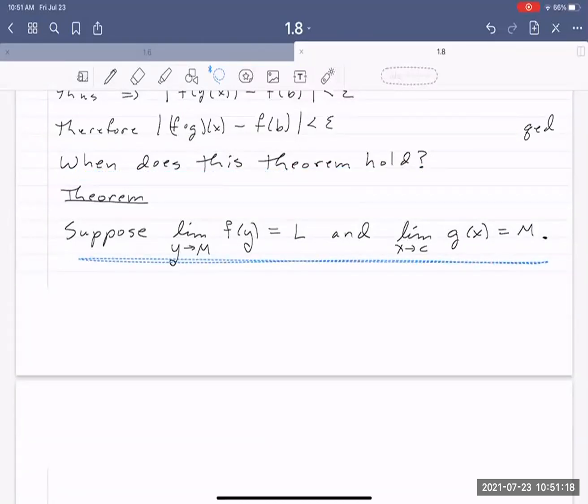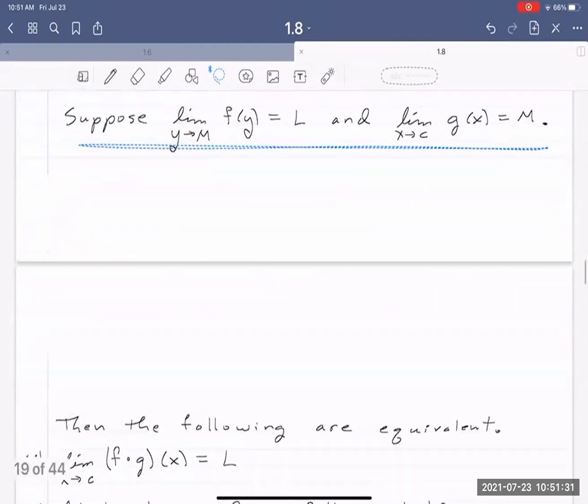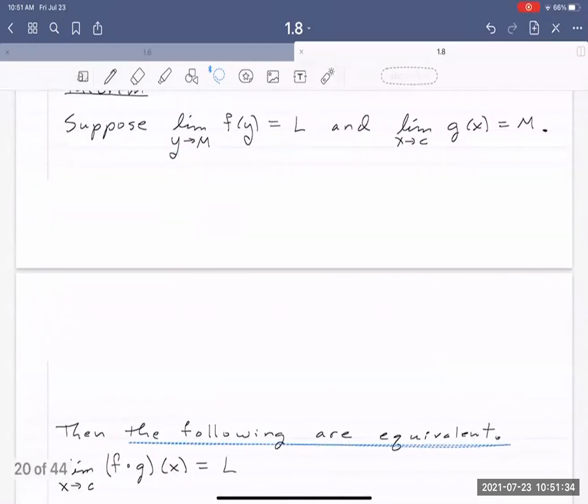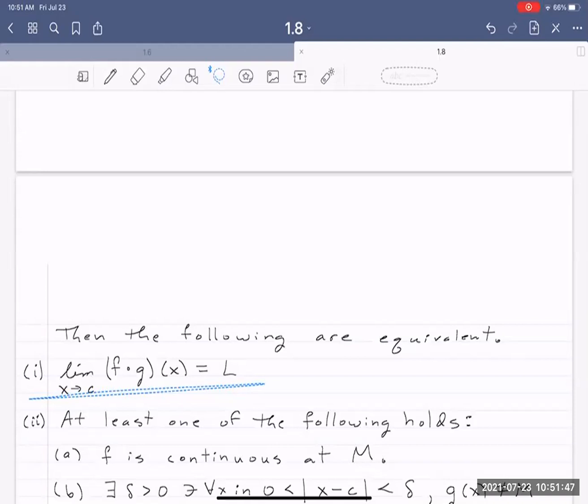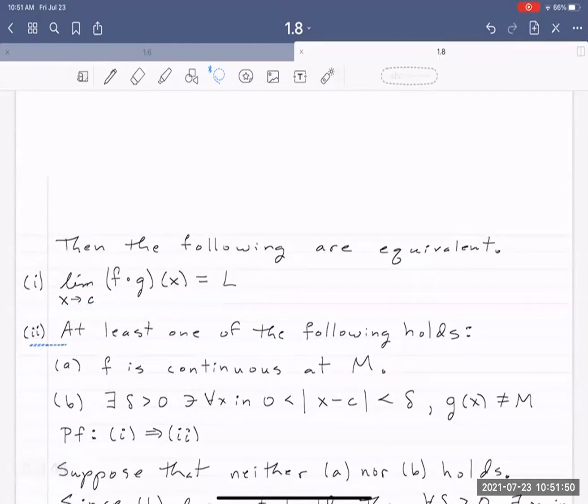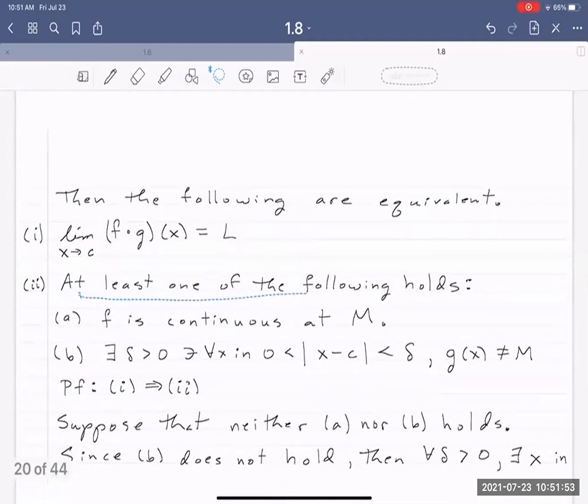Theorem. Suppose the limit as y approaches m of f(y) is L, and the limit as x approaches c of g(x) is m. Then the following are equivalent. First statement: the limit as x approaches c of (f composed with g)(x) is equal to L. I want to show that it's equivalent to this second statement: at least one of the following holds.